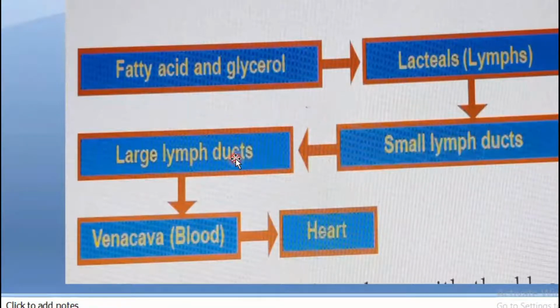Then it is again divided into large lymph ducts that are connected to the vena cava. That vena cava carries this fatty acid, glycerol, etc. into the heart. These vena cava are the superior vena cava and inferior vena cava that we have studied. So, the fatty acid and glycerol absorbed by the lacteals reach the heart through small lymph ducts, then large lymph ducts, then the vena cava, and then the heart.